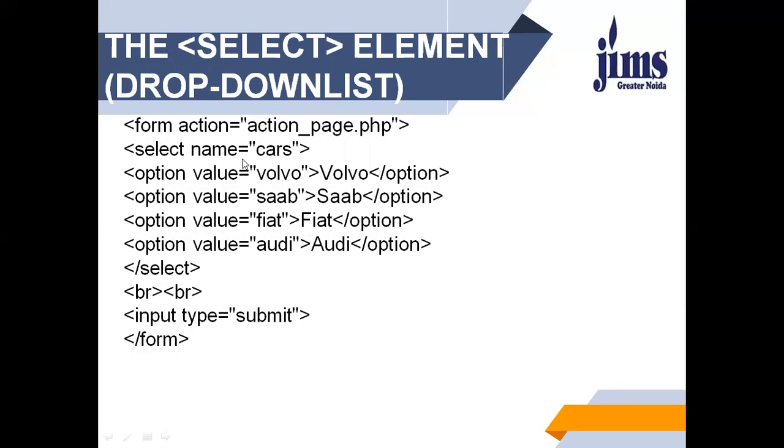Suppose I want a few car names, so name is equal to cars, option value, whatever value you want to give, with starting and ending tags, like Volvo and four or five options. The user can select any one option, and then you close this select element. So you can give this drop down list with the help of the select element.